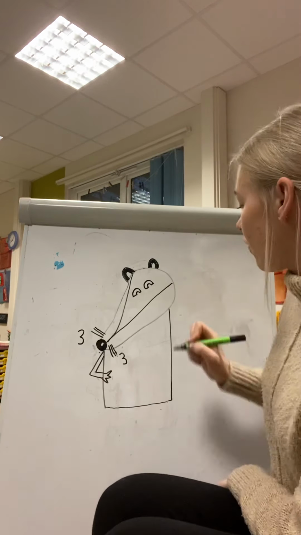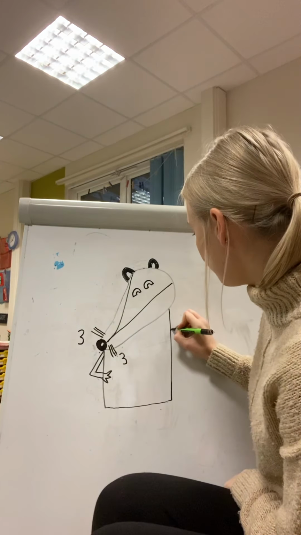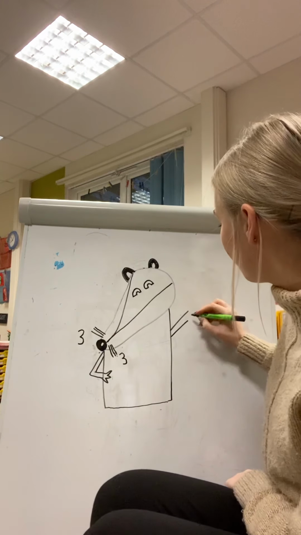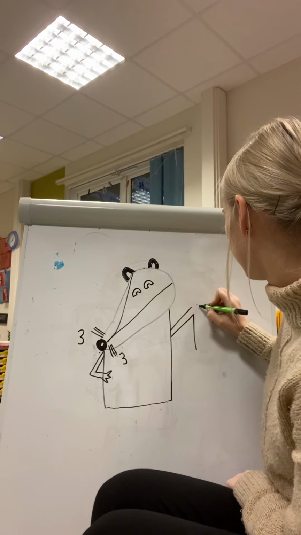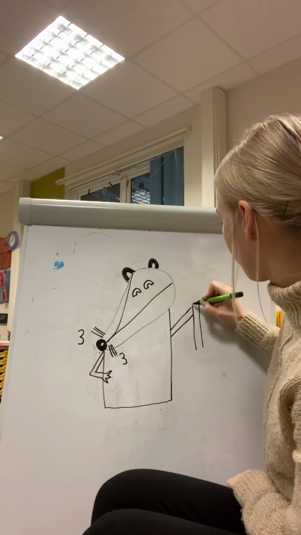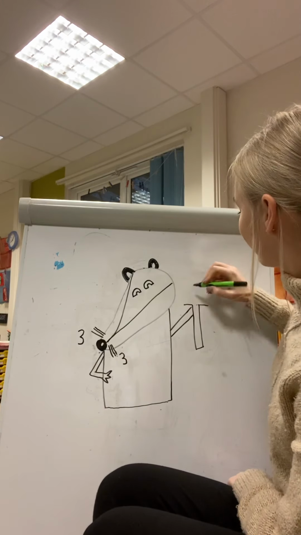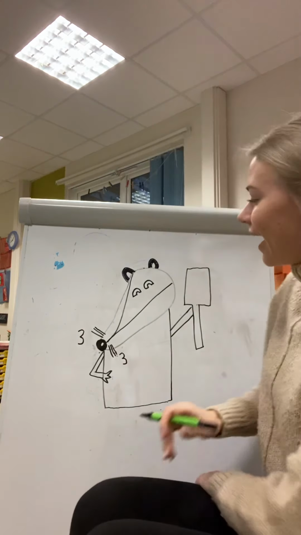He's going to have, on this side, he's going to be holding something. I wonder, what do you think he's holding? It might be from the story. See if you can remember. Have you guessed yet? Yes, he's holding a sign.